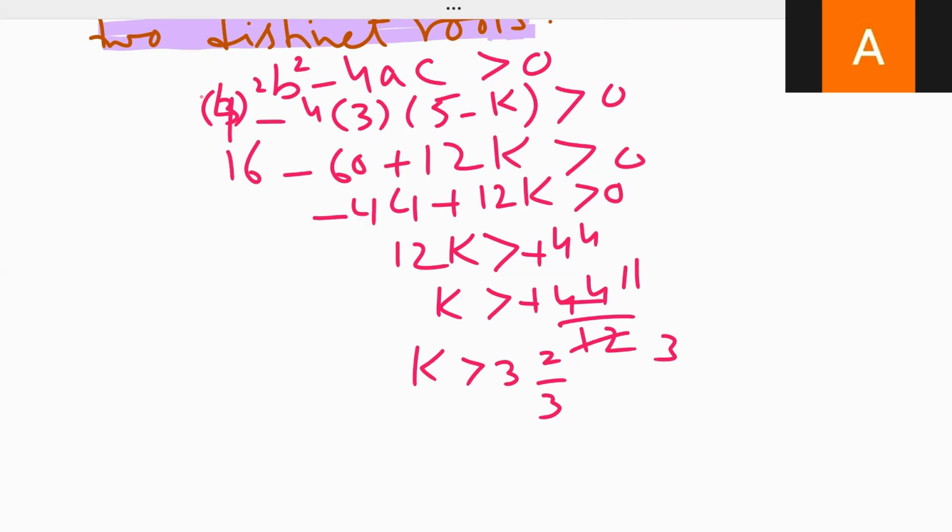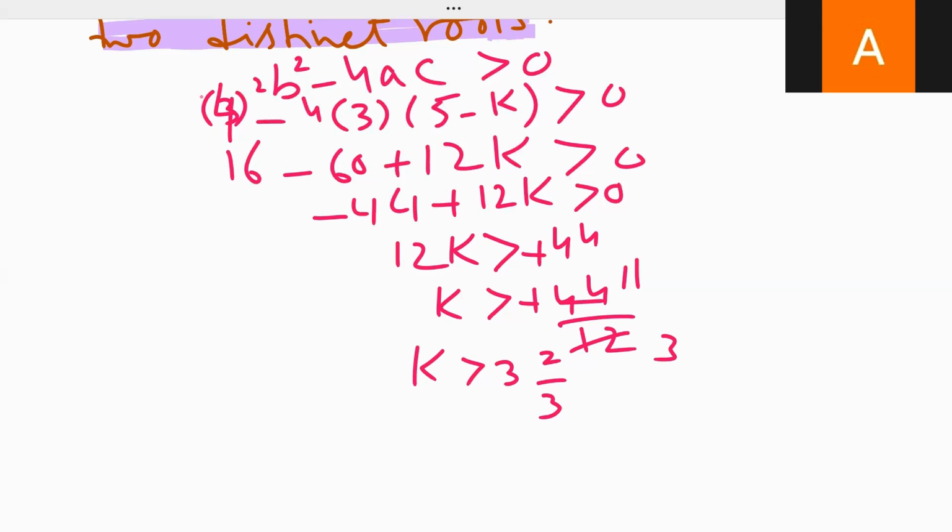Similarly, we can apply the same condition when you are solving questions in which you are given the intersection of a line and a curve. When a line and a curve intersect, you can solve them by using simultaneous equations, right?